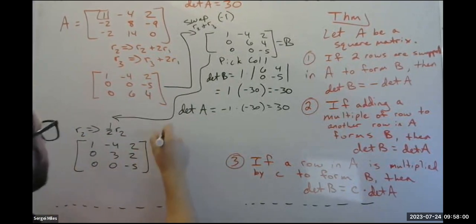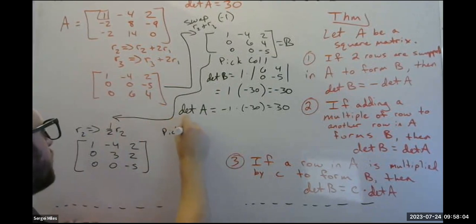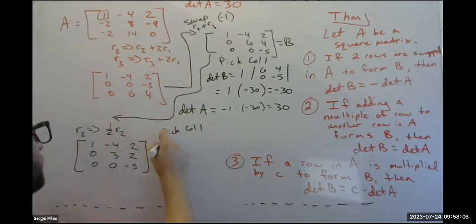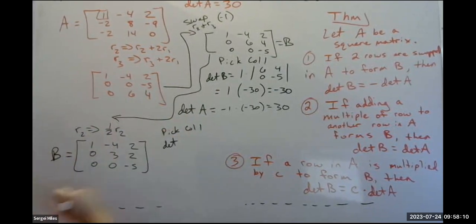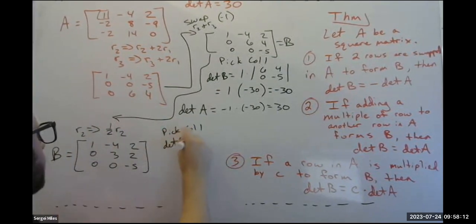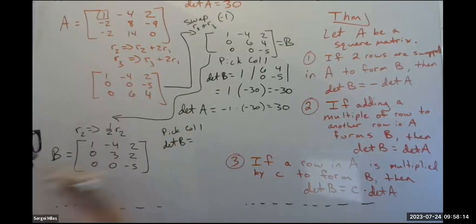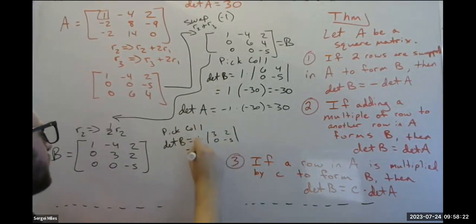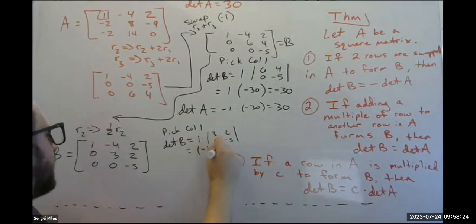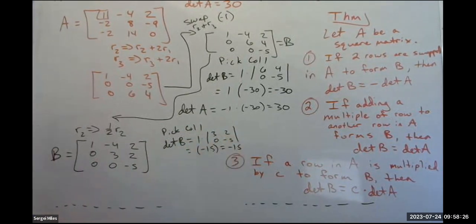So what does this row operation do? Well, now I'll do my determinant again. I'm going to pick column 1, just because that's easy. Then the determinant of this new matrix B is going to give us 1 times its submatrix, 3, 2, 0, -5. And we get -15 now as a final answer.